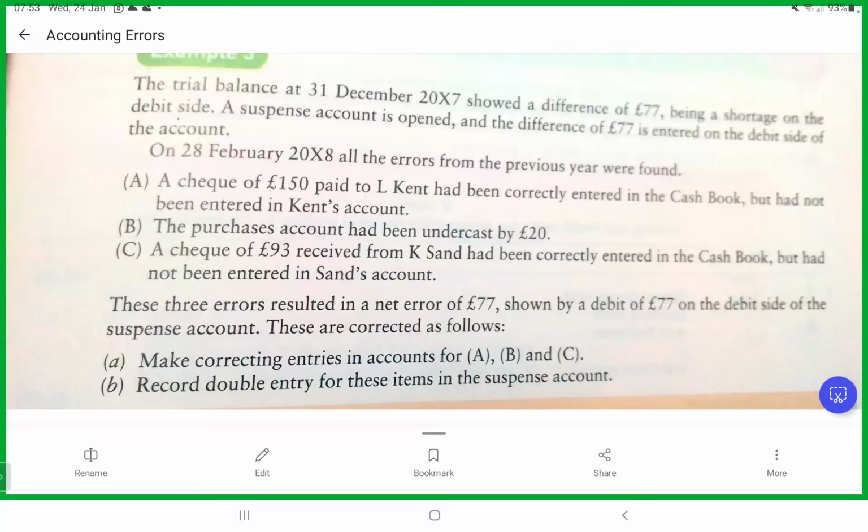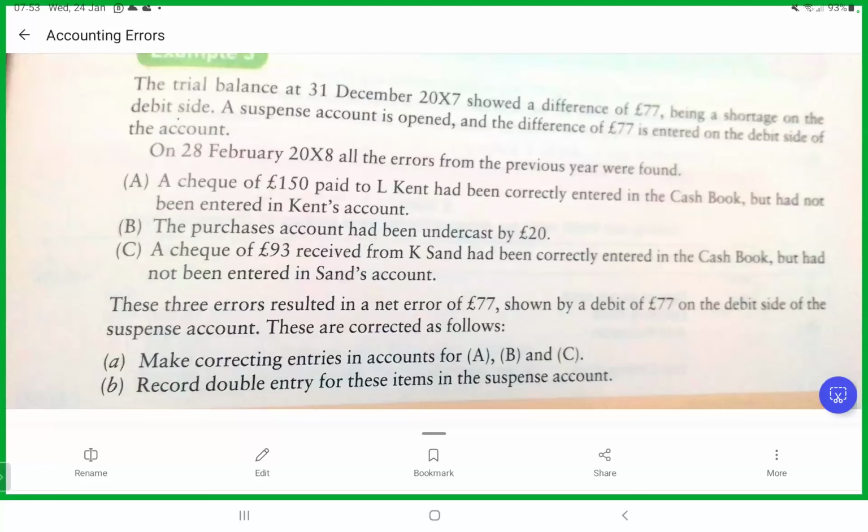Then again, there was a purchase. The purchases account had been undercast by 20. And there was a check of 93 received from Sandy that had been correctly entered in the cash book, but had not been entered in Sandy's account.